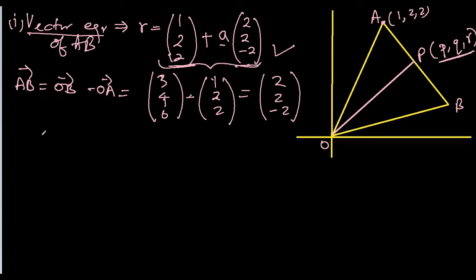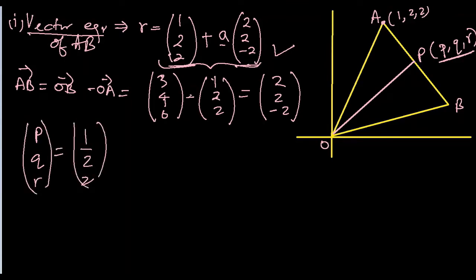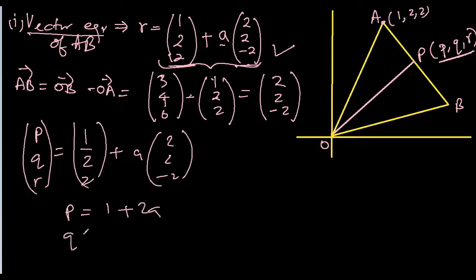So we can write here PQR equal to 1, 2, 2 plus A 2, 2 minus 2. So it gives us parametric equation P equal to 1 plus 2A, Q equal to 2 plus 2A, and R equal to 2 minus 2A, right?